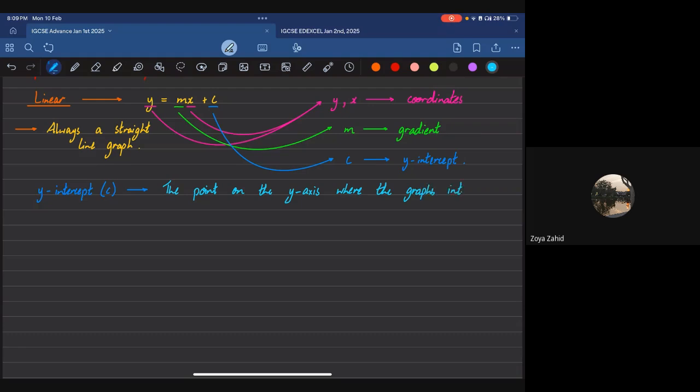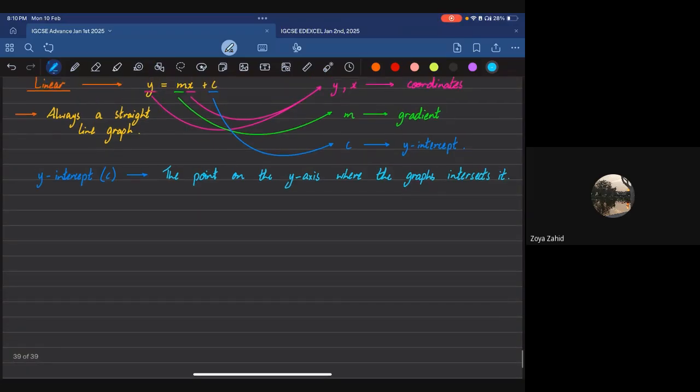At this point, you can also say that x is equal to 0.